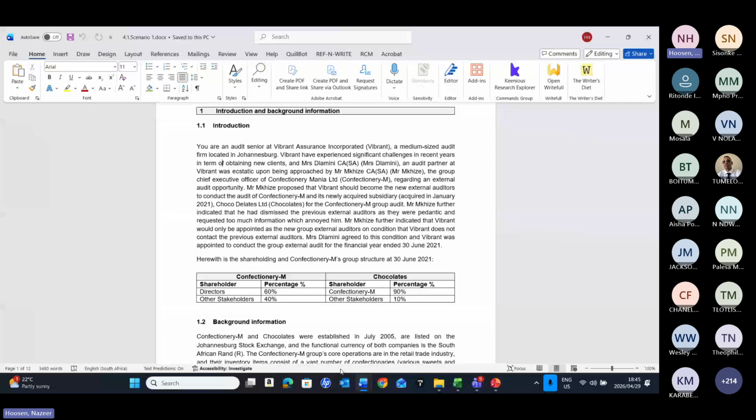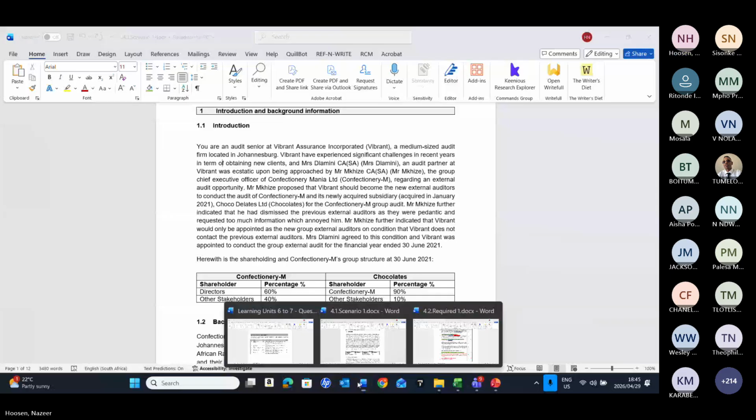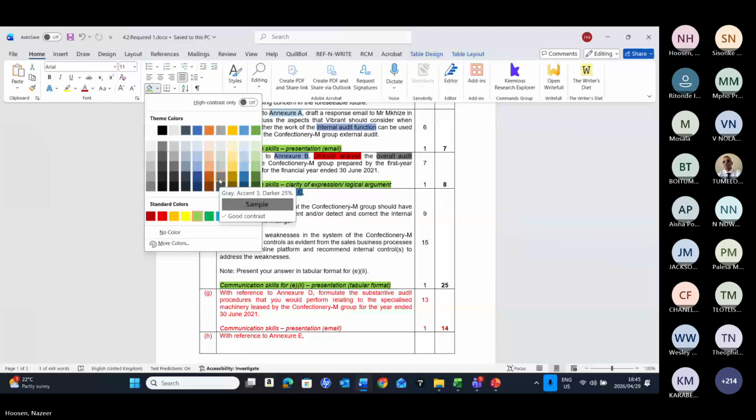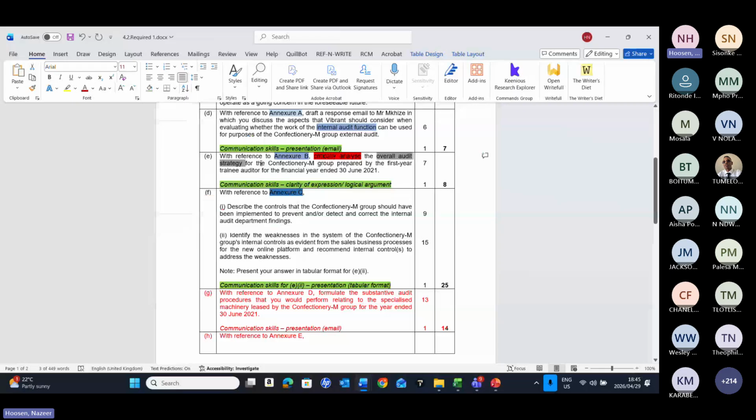If I go down to the required again, part E made reference to the audit strategy, and we're looking at something entirely different. This is the audit plan, whereas the audit strategy would define the scope, timing, and direction at a more operational level. We will be unpacking those as we go into the solution for part E.